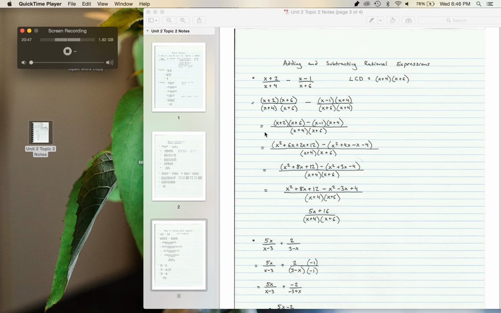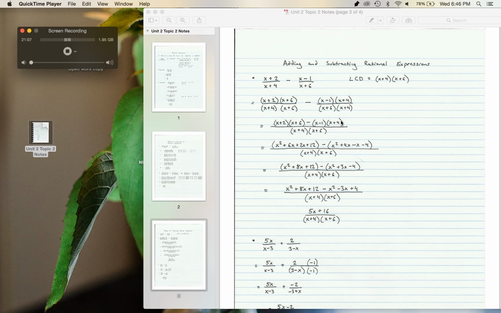Now moving forward, you'll want to be careful, okay? You might think to yourself, oh, I have x plus 6 on the top and bottom and x plus 4 on the top and bottom. Maybe I can just cancel those and they'll go away. Well, you can't, okay? You cannot cancel things at this point because we have this big old subtraction sign in the middle.